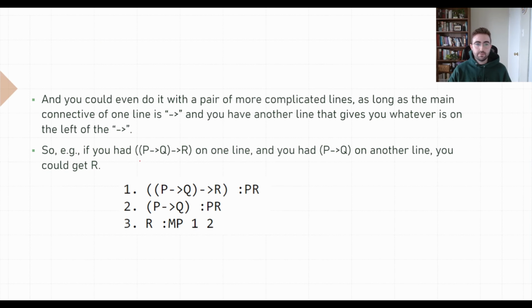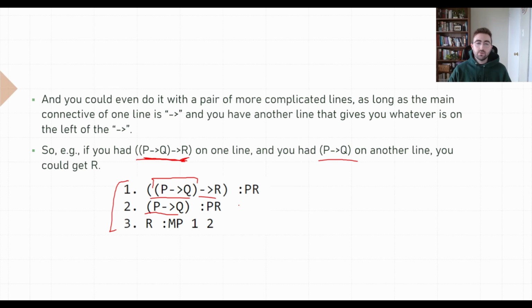So you can do this with more complicated sentences as well. For example, you have if P then Q, then R. And on another line you have if P then Q. Then you can just get R. Look down here: on line 1 we have if P then Q, then R. And on line 2 we have if P then Q, which is the left side of the main connective arrow.